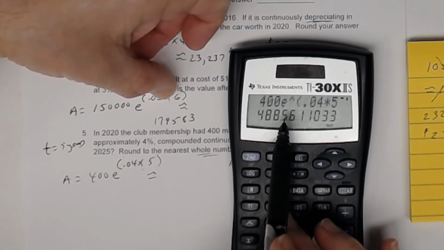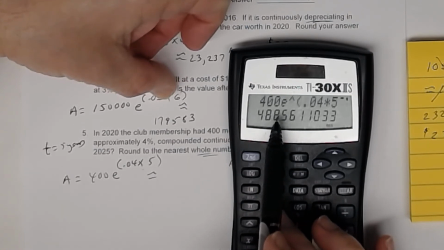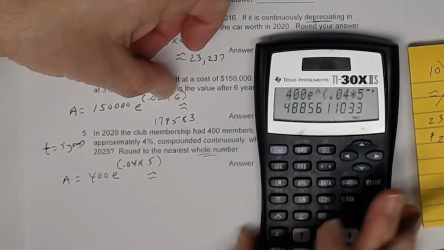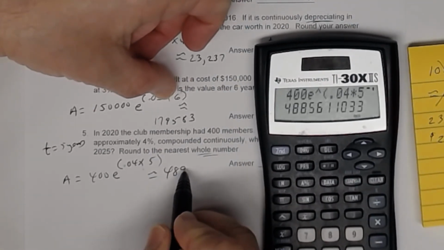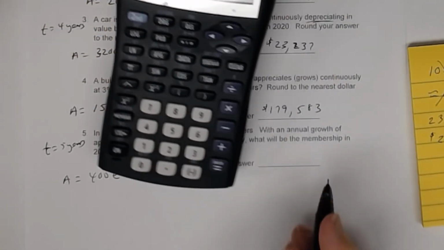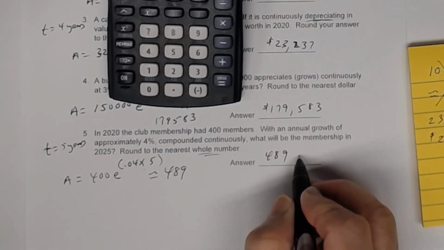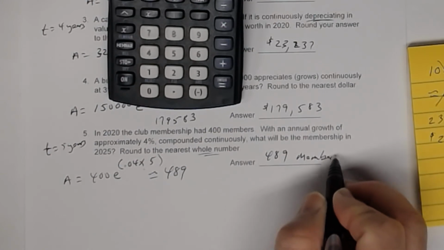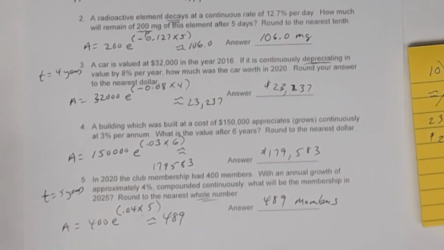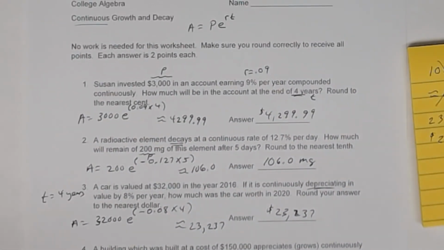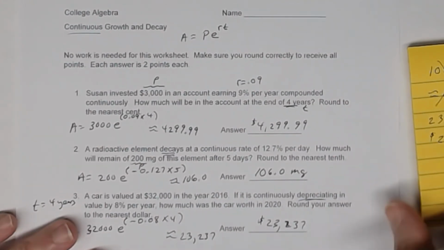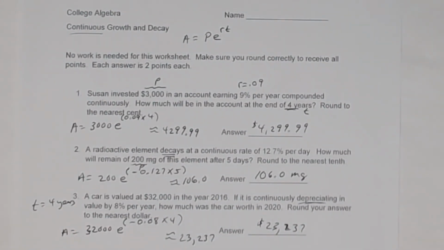So since that is 5 or greater, you got to add 1 to the 8 in the tens place. So that'll be 489. So in 5 years, the membership will increase to 489 members. All right, and so that is it. That is the key to the worksheet on continuous growth and decay.